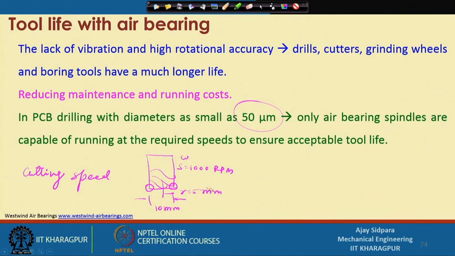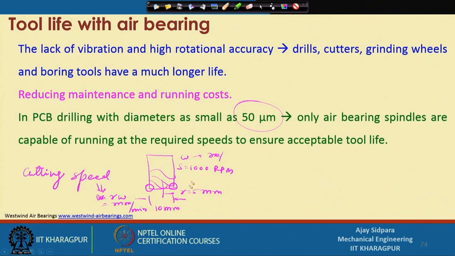So, we know that V equal to r into omega, right. This is in revolutions per minute, rpm, and this is in millimeter, so whatever you are getting is mm per minute. So, this is your cutting speed.